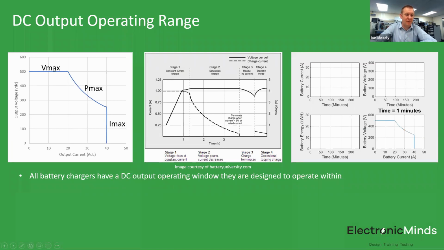You can't operate beyond these ranges. If you operate at higher voltage than that, you might damage some of the semiconductors. If you try and operate at a higher power level than Pmax, well, your system might overheat, and similarly, you could damage the semiconductors and other parts if you try and put more than Imax through them.